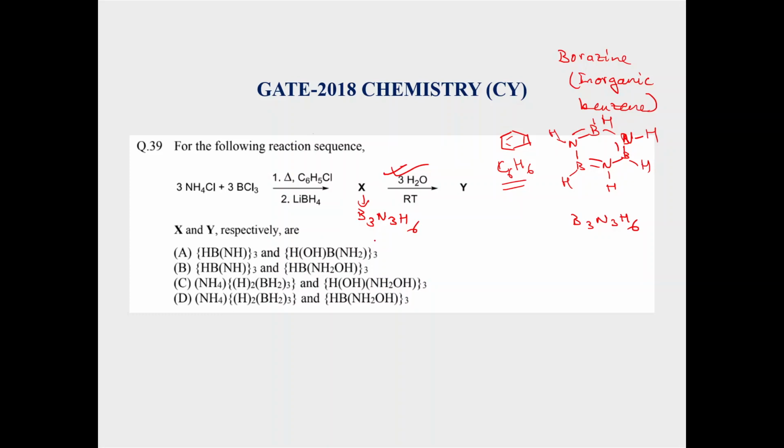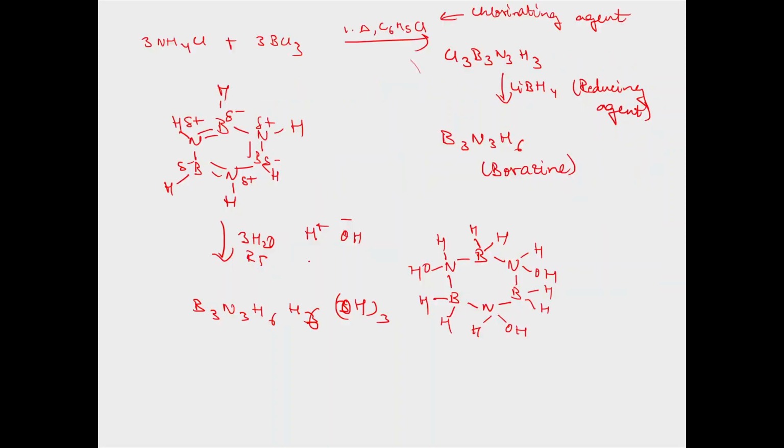They are asking it in this form, so we can write it as B3N3. There were already six hydrogens present that will remain the same, and we can check: 1, 2, 3, 4, 5, 6, 7, 8, 9.